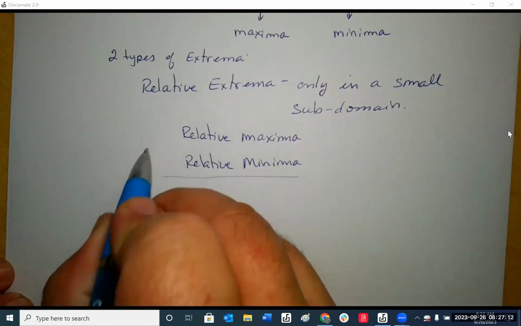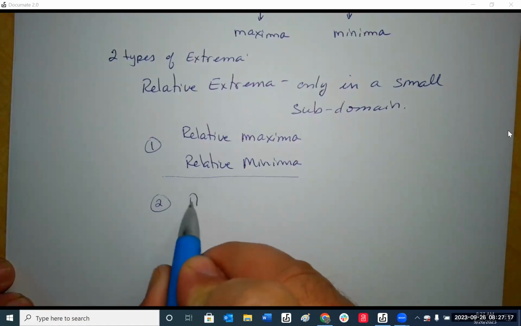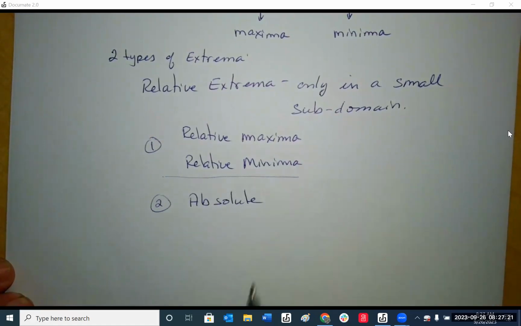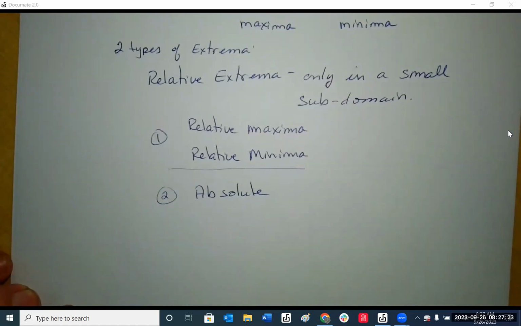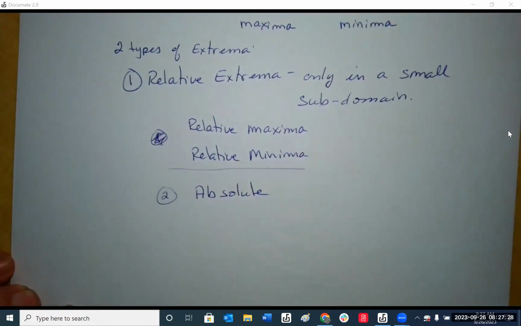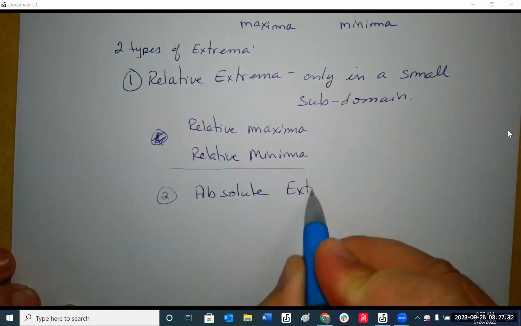That's the first type. The second type is absolute. It's an absolute extrema.